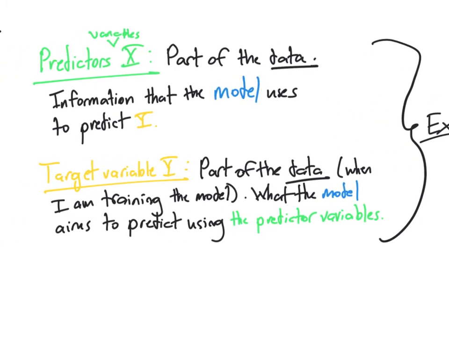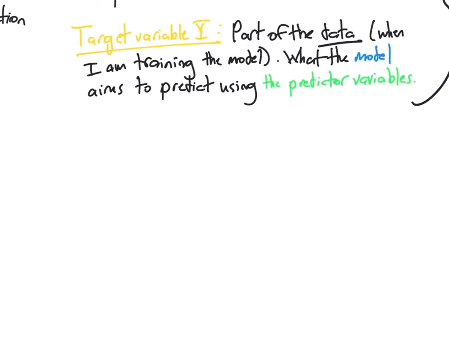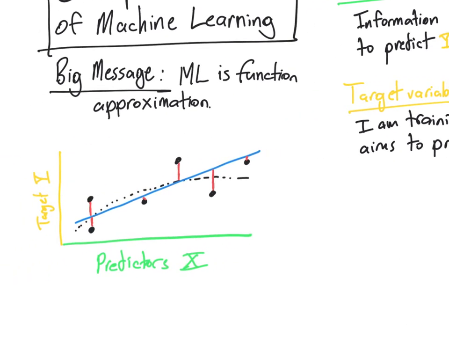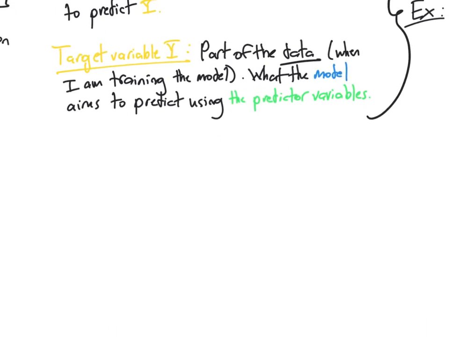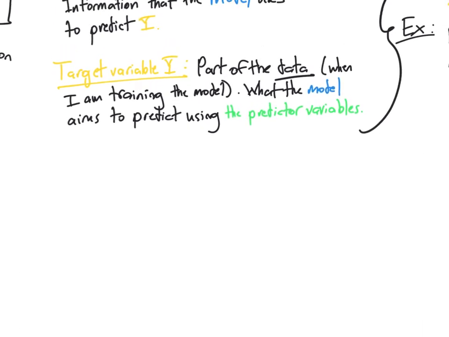Okay, so now moving on, we have two more parts of the function approximation story. So we've talked about the horizontal axis here, that's the predictors, and we've talked about the vertical axis, that's the target. So now I want to talk about this model, that's the blue line, and then the errors, those are the little red bars. So the model in a machine learning problem, technically speaking, it is a function.